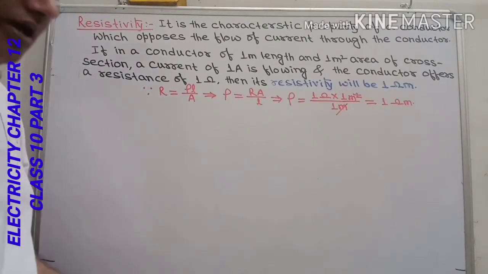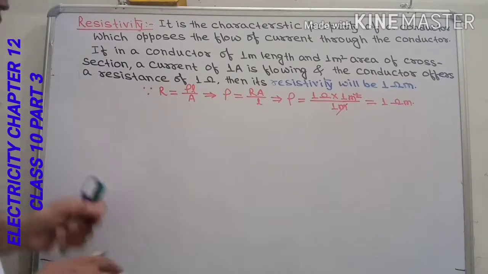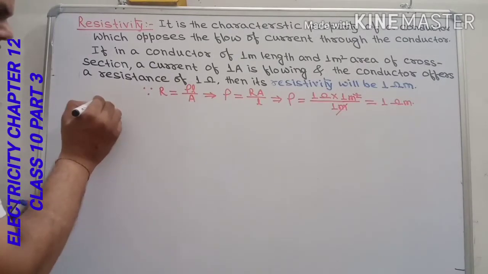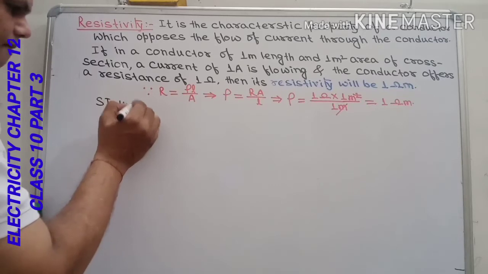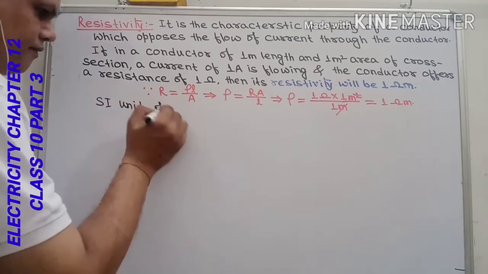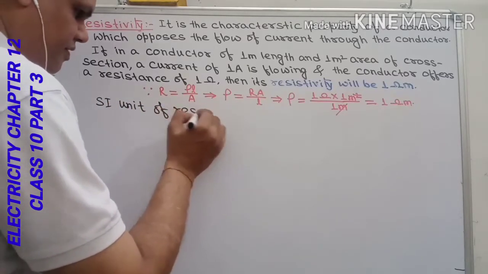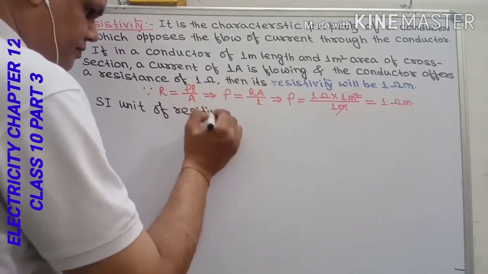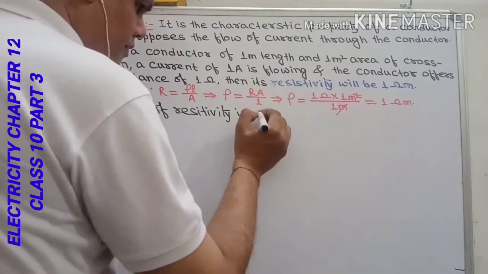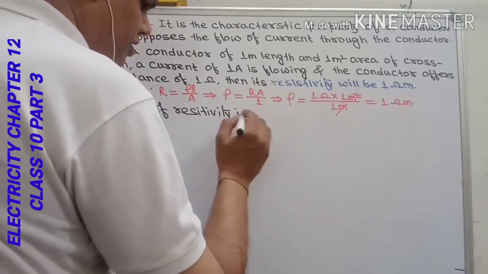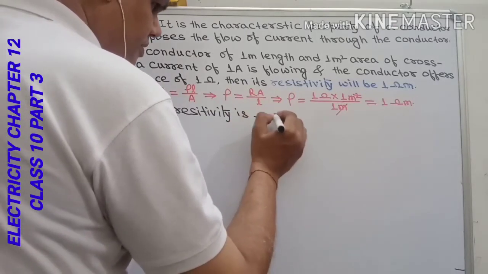So the SI unit of resistivity is ohm meter.